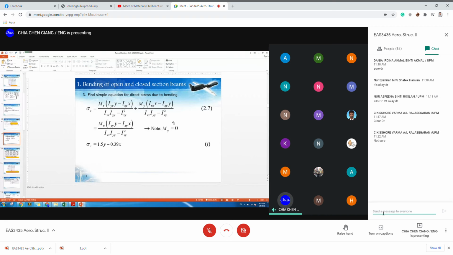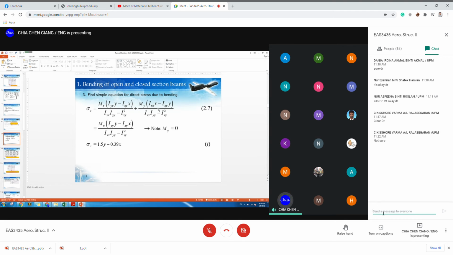The equation is 2.7 or 2.6, it is the same, just rearranged. Under the same load, Mx and My, whatever we have is simply Ixx, Iyy, Ixy. So we need to change the values of Ixx, Iyy, Ixy, the combination of the values.